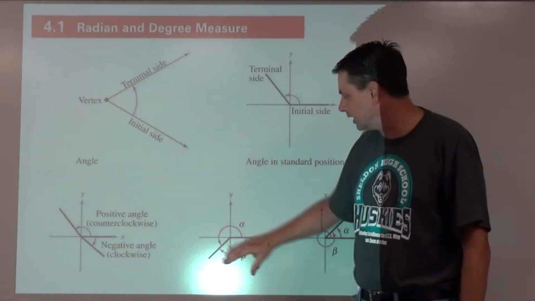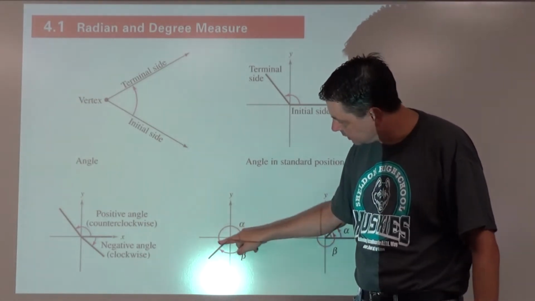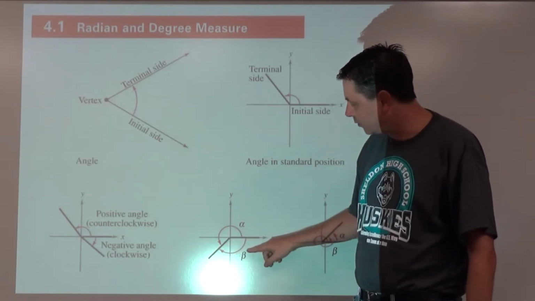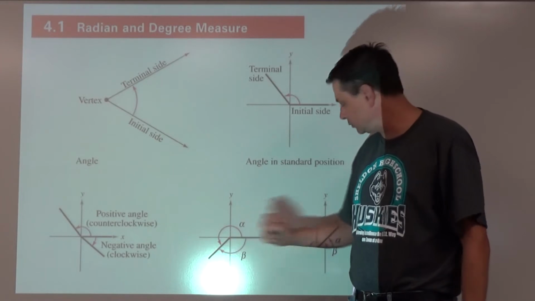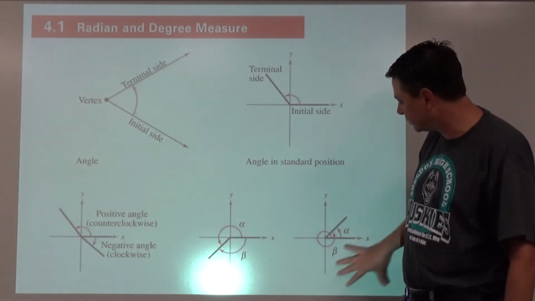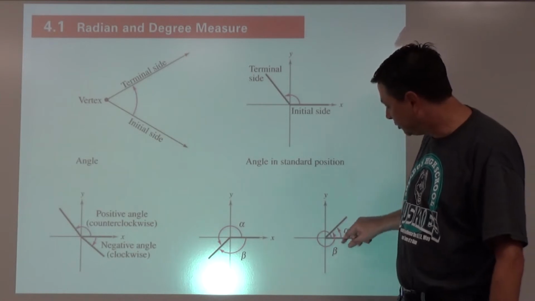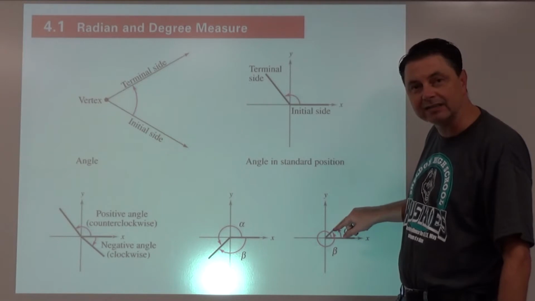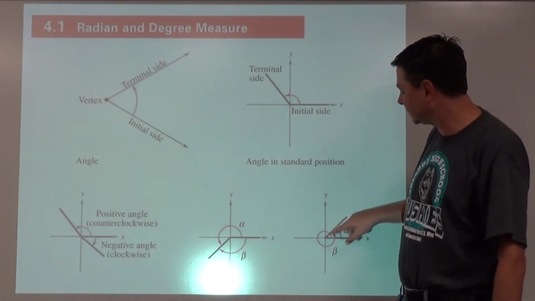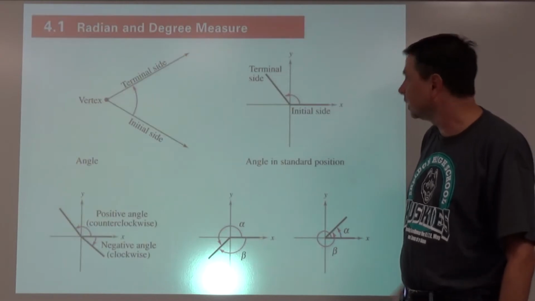And then here we've got an angle alpha that has rotated, and there's the terminal side. And beta has rotated the opposite direction, but has the same terminal side. Kind of the same situation here. Both are rotating positive, but angle beta rotated all the way around past one full rotation and still ended up here at the same terminal position.